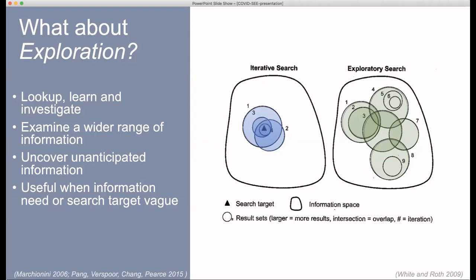That is not the mode that most people were trying to use the COVID-19 literature for. They were really just going around trying to find what they were looking for. And so this seems to fit more into this exploratory search model, which isn't really supported by many tools.